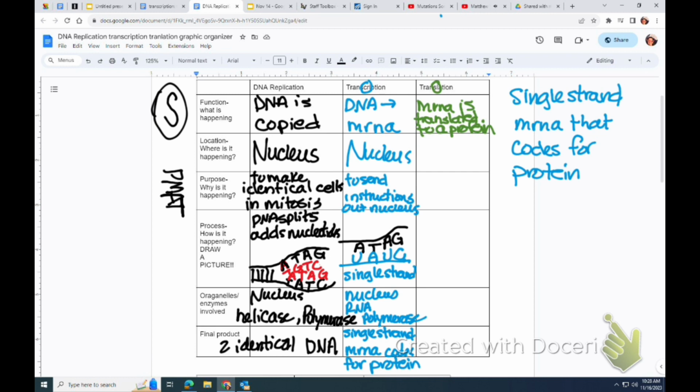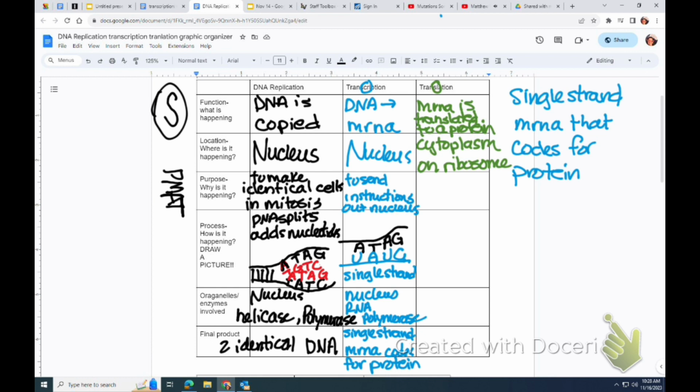Now this is happening someplace different, isn't it? Who knows? It's happening in the cytoplasm on what? It's an organelle. rRNA. It's happening on a ribosome, in the cytoplasm.